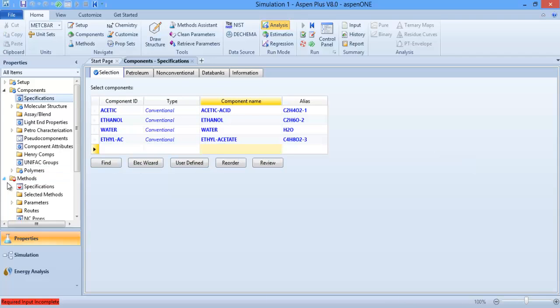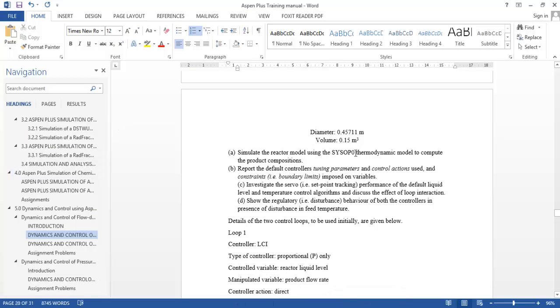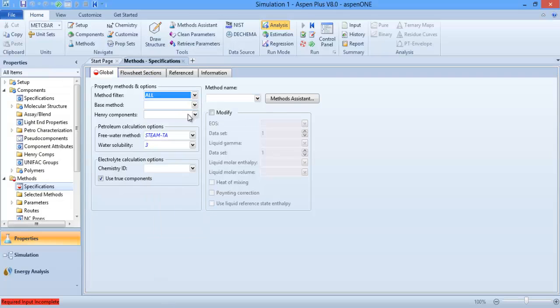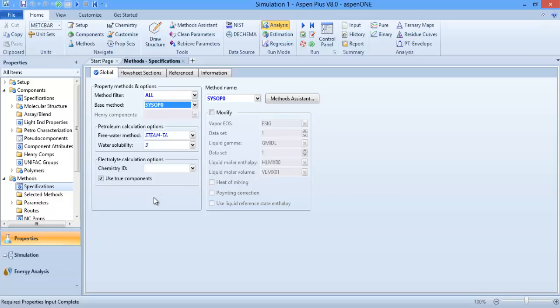Then we go to methods, method specification. We are asked to use SYSOP, that's Raoult's law. So we click common, all, or mix of common, and search for SYSOP, and here it is. Then we are good to go to our simulation environment.